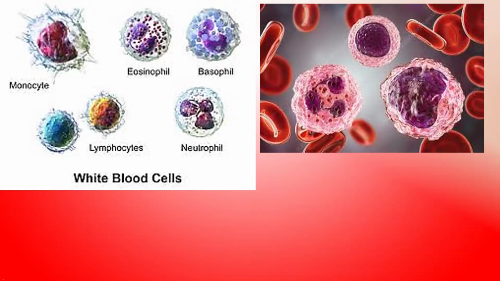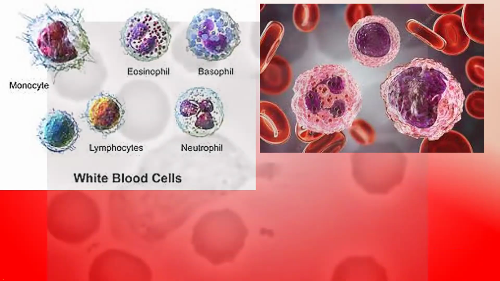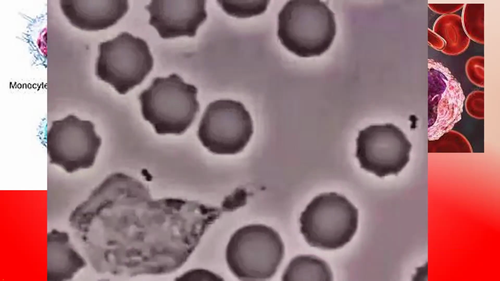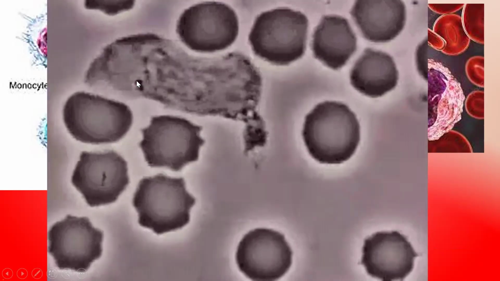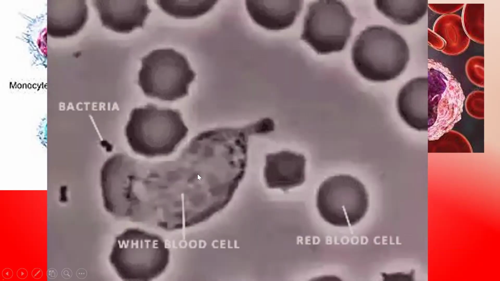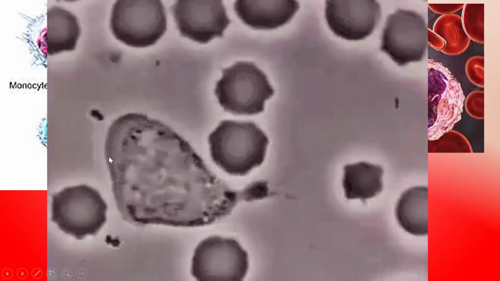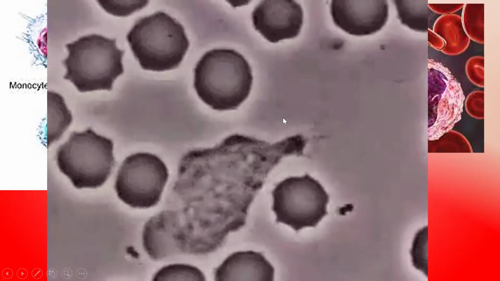They identify the self cells, do not attack them, rather protect them. While if a non-self cell like this bacterium in this case enters the bloodstream, this WBC goes after it and tries to destroy it.